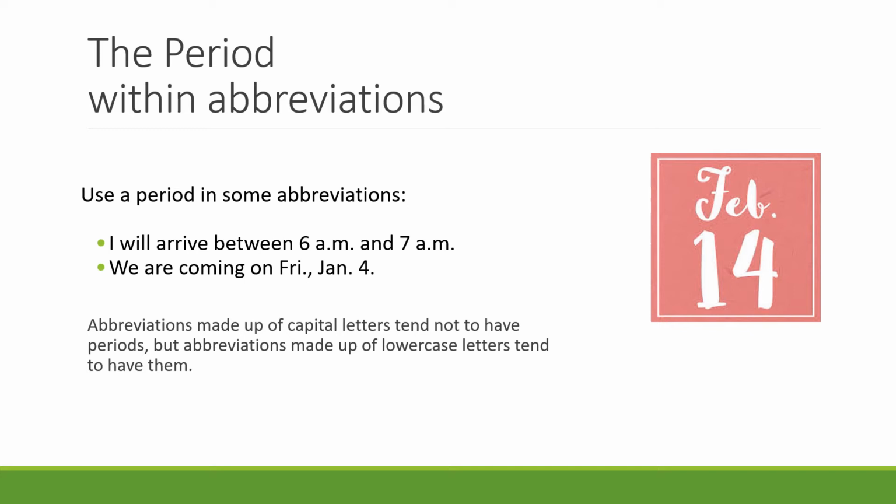Another example that's probably more common is when we abbreviate days of the week and months of the year. So we are coming on Fri., Jan. 4. And ideally, if I was reading that sentence, I would say in my head or out loud, we are coming on Friday, January 4th. I know it's an abbreviation.